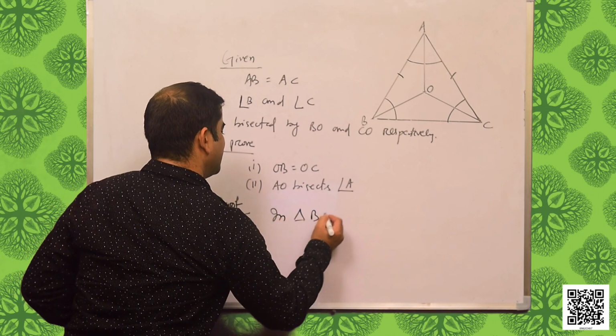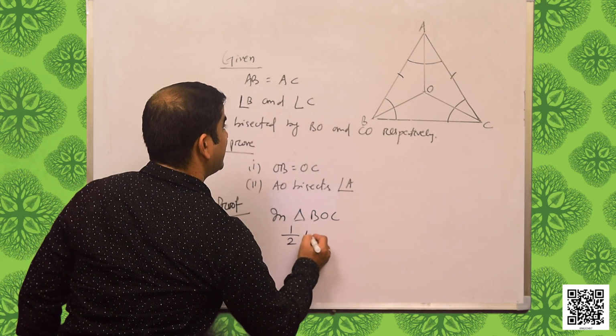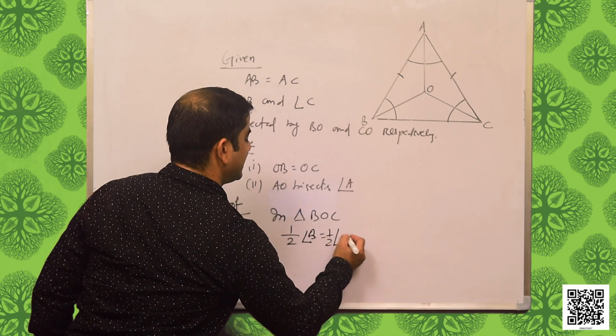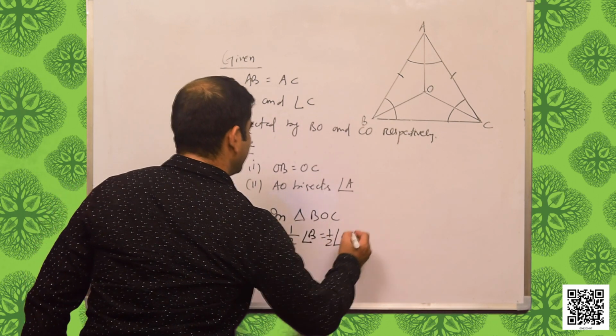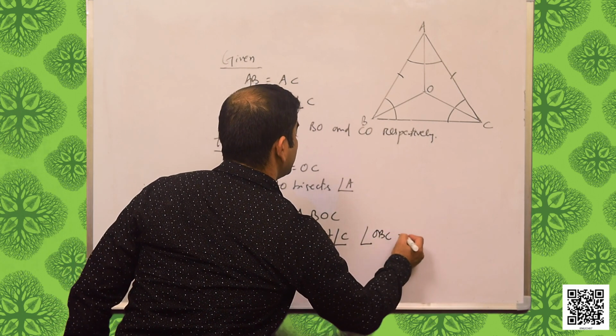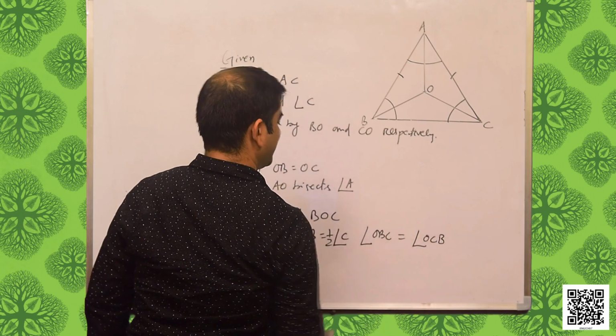In triangle BOC, half of angle B is equal to half of angle C, that is angle OBC is equal to angle OCB.